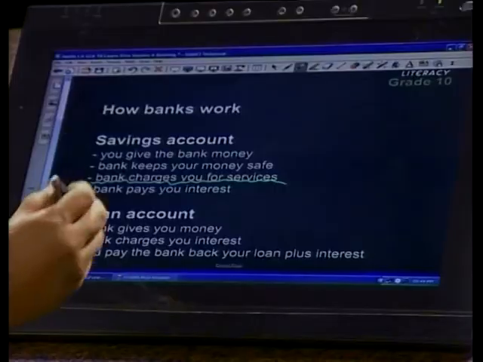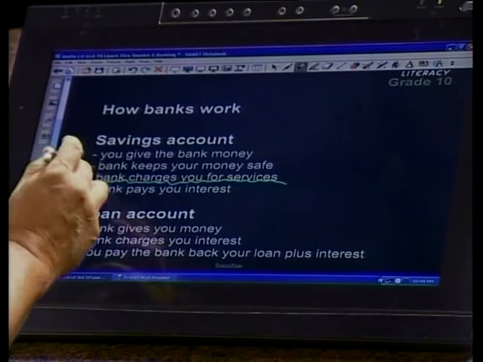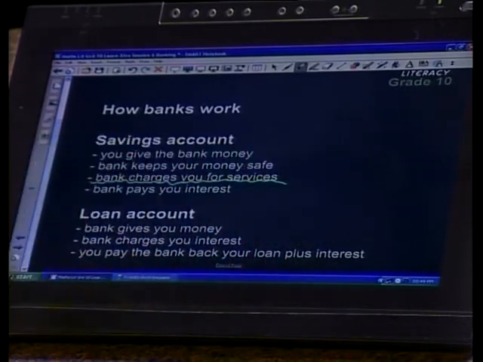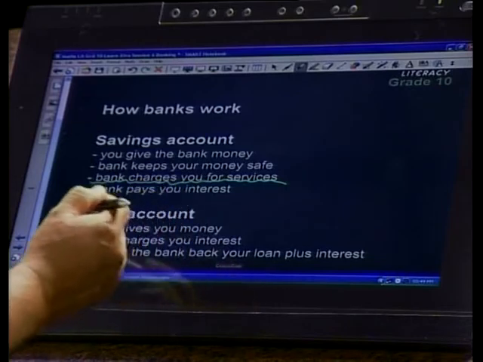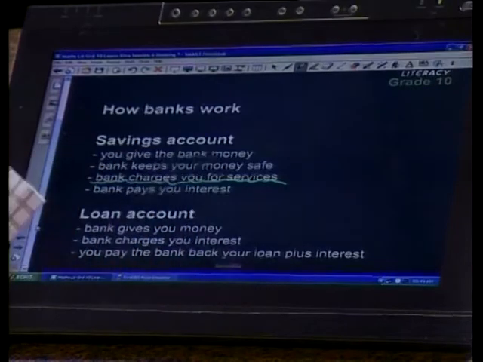So always remember, you're still at school now, but when you get older, you might have to open your own bank account. Make sure you're aware of how much money the bank is charging you. Right, so that's our first account. The bank keeps the money, they're going to charge you a bit of money, and they're going to pay you interest. We'll talk about that interest just now.